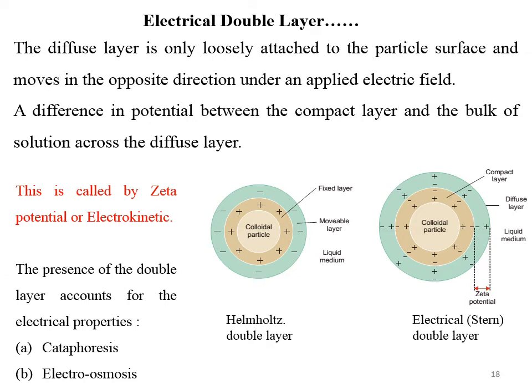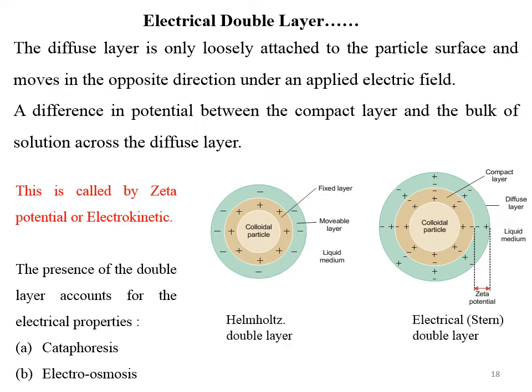And this difference is called electrokinetic or zeta potential. It means this zeta potential is actually the difference of charge between two layers, where one layer is compact layer and the other layer is diffuse layer. The compact layer is that where the charges cannot move, while the diffuse layer is that where the charges can move.